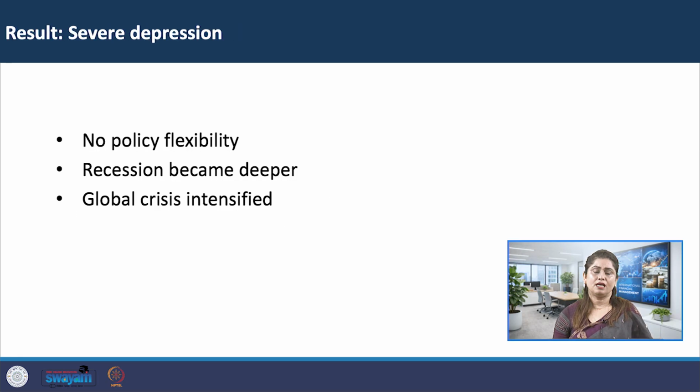As a result, they were unable to stimulate the economy effectively, which made the downturn much more severe. They could not freely expand money supply because it had to be backed by gold. As a result, the recession became deeper and more severe.